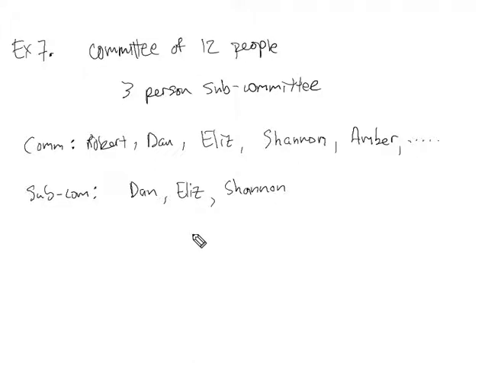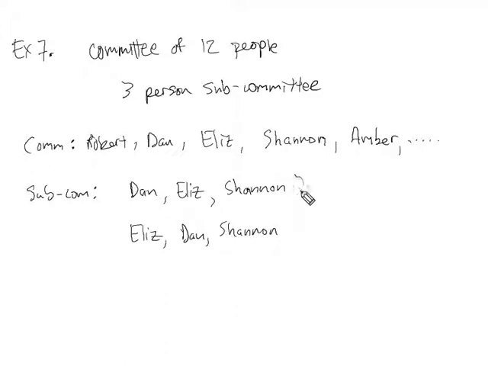Now, if we were to pick Elizabeth, Dan, and Shannon, we just changed the order of the names, then you could see that this is the same set of people. It's the same combination.